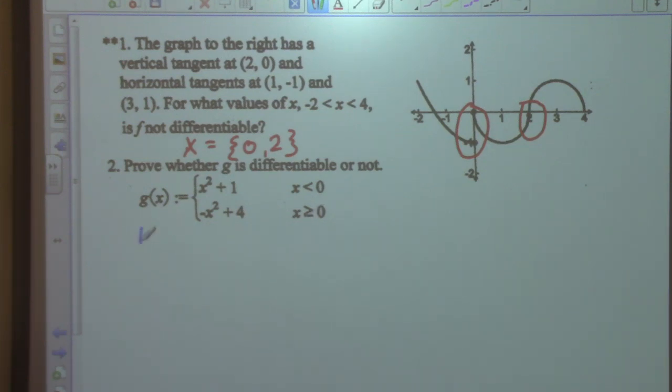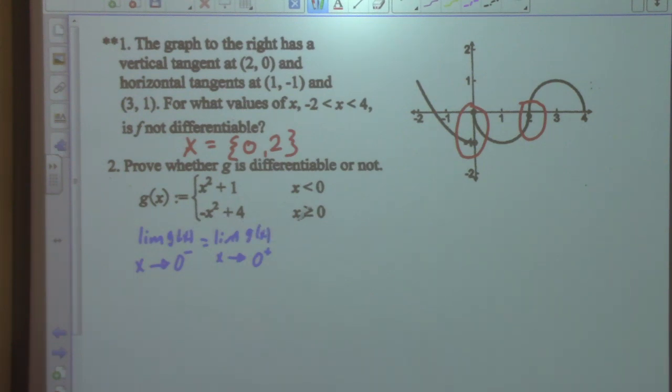So we say the limit as x approaches 0 from the left of g of x equals the limit as x approaches 0 from the right of g of x.